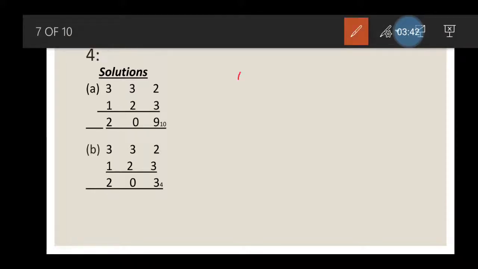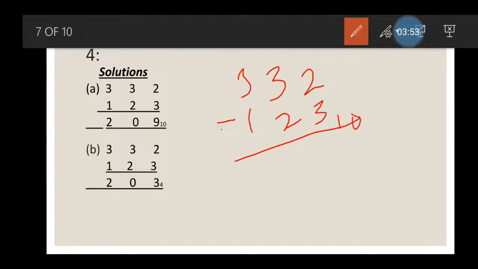So 332 minus 123 in base 10. 2 minus 3 is not possible, so you take from here, and whatever you're putting here is 10. So 10 plus 2 will now give us 12. 12 minus 3 is 8 for us here.